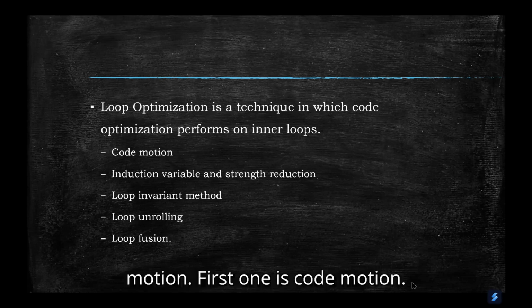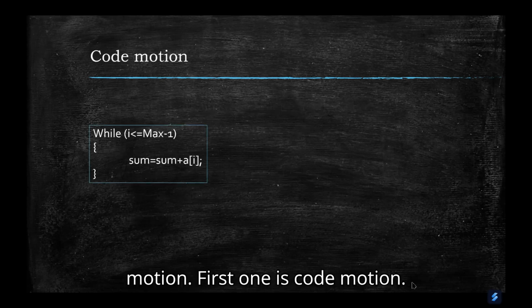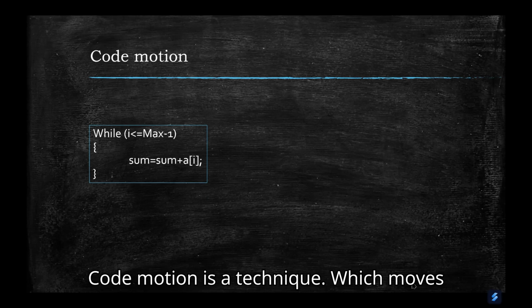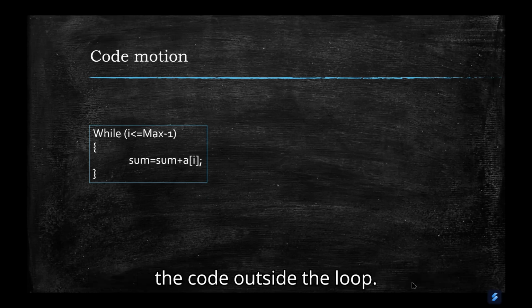Code motion. The first one is code motion. Code motion is a technique which moves the code outside the loop, hence the name.